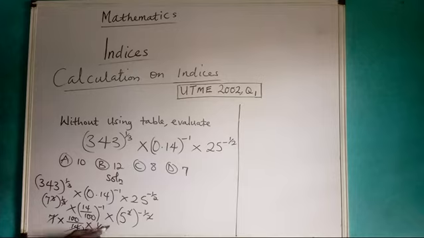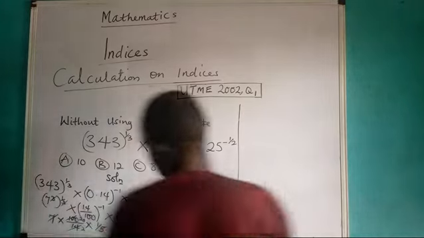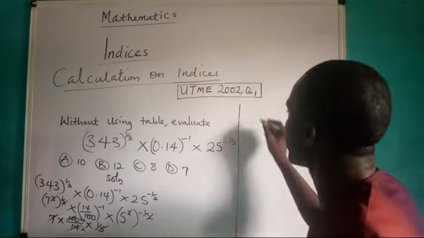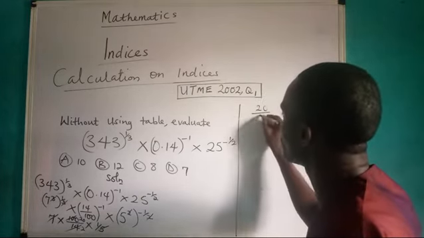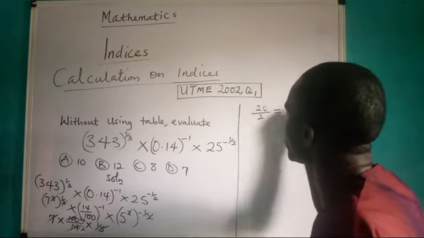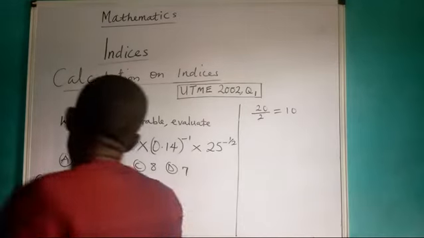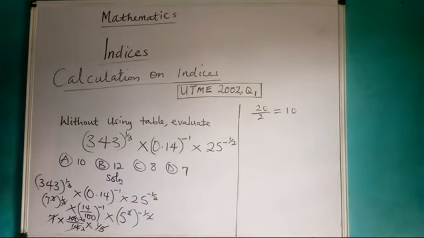For this one, I can see 5 can go for 100, I will have 20 in this very part. It means that what I have left there becomes 20 over 2, and 20 over 2 is 10. Now, can you see what we have? The result is 10.